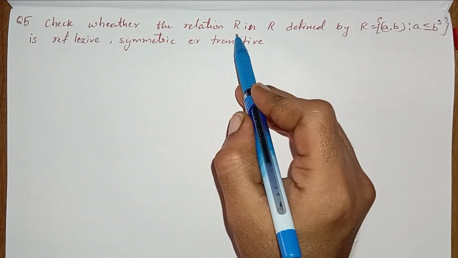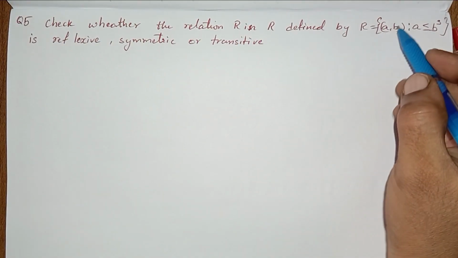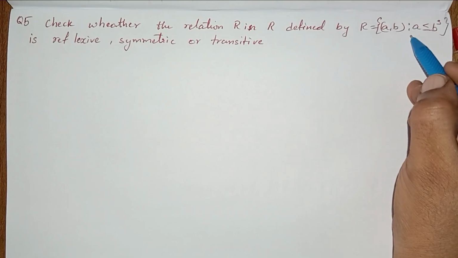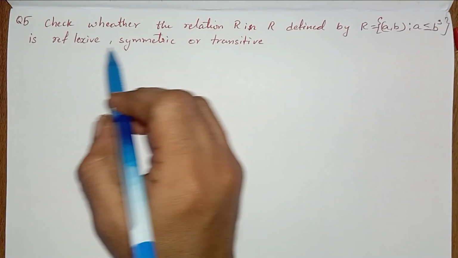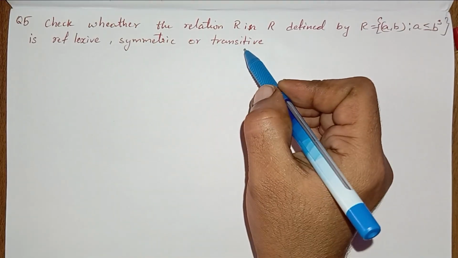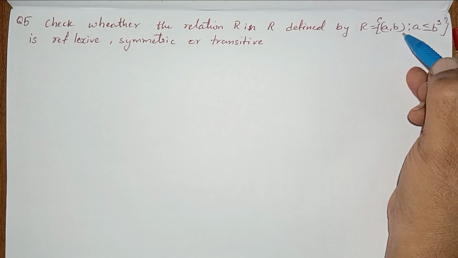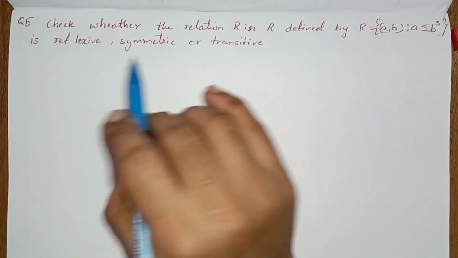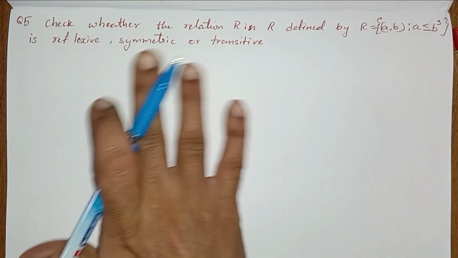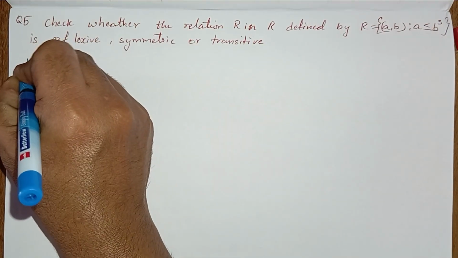Question number 5. Check whether the relation R in R defined by R equals A comma B such that A is less than or equal to B cube is reflexive, symmetric or transitive. So first we will check for the reflexive.